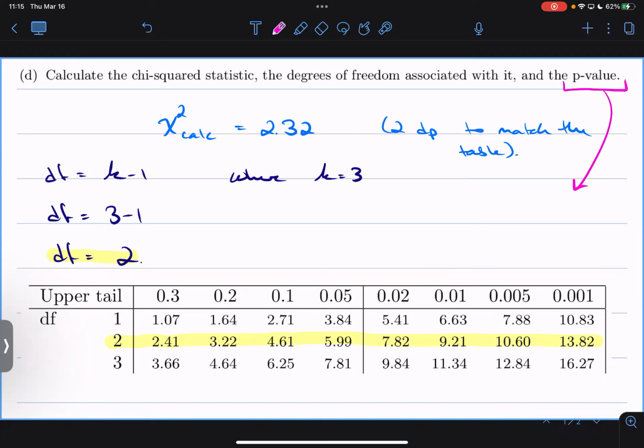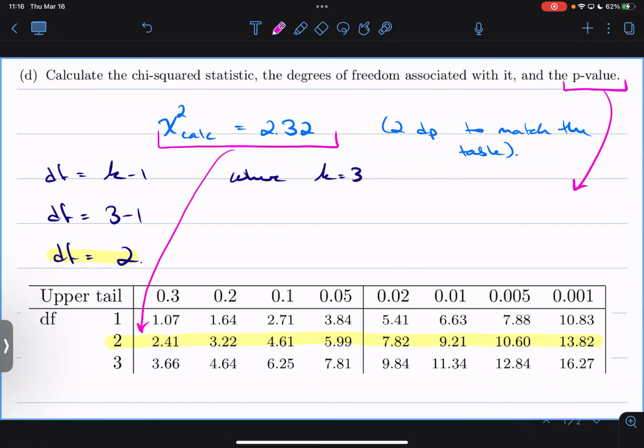So now at 2 degrees of freedom, what are we going to do? Well, I can take this chi-squared test statistic 2.32, very small, even at 2 degrees of freedom. So here 2.32 would go here. Same as what we've been doing before.